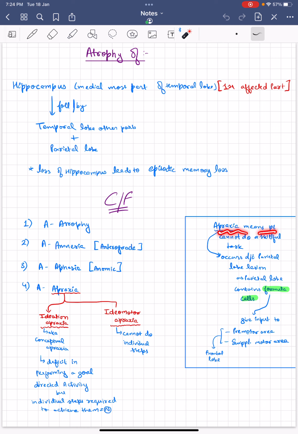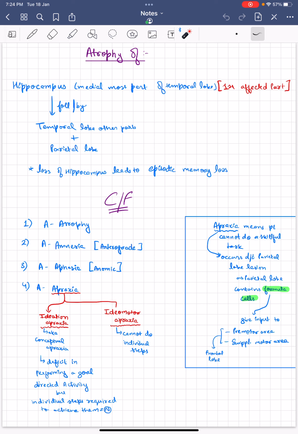Apraxia means the patient cannot do a skillful task. It occurs due to a parietal lobe lesion, as the parietal lobe contains formula cells that give input to the premotor area and the supplementary motor area, present in the frontal lobe.